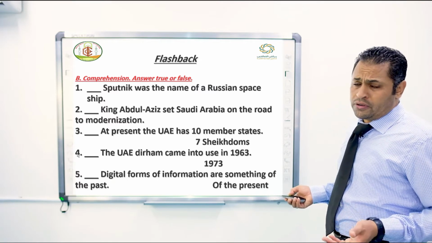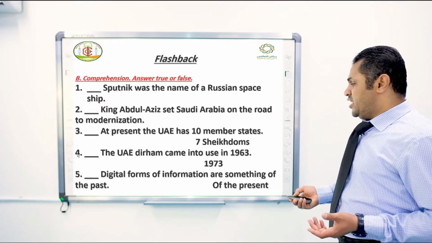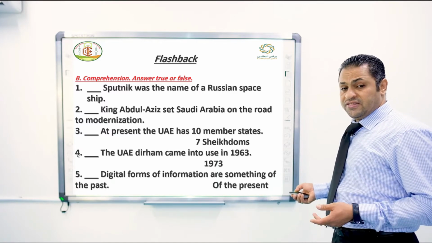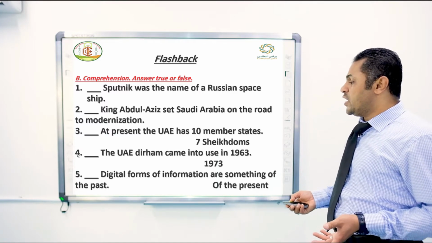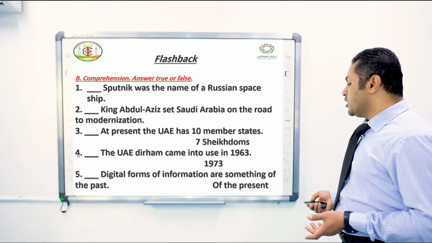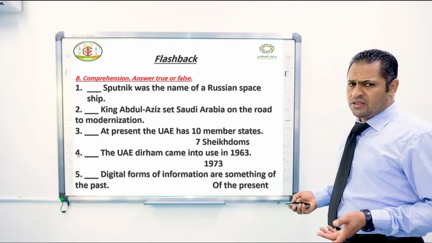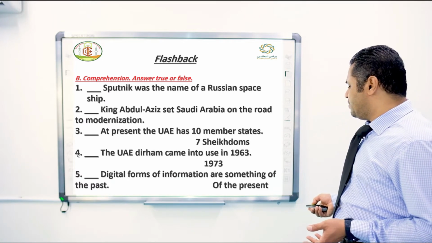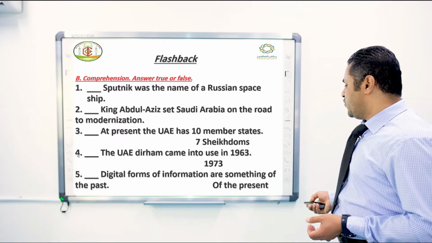Of course that's wrong, because the UAE dirham came into use in 1973. Number 5, and the last one: digital forms of information are something of the past. Is it logically right? No, it's false, because it's a shape of the present.